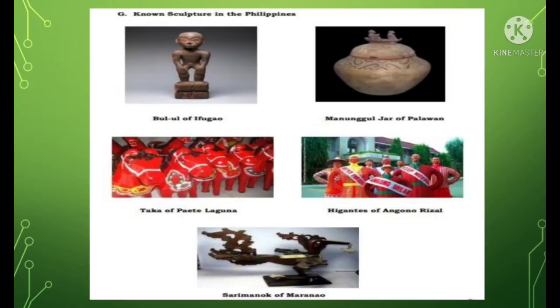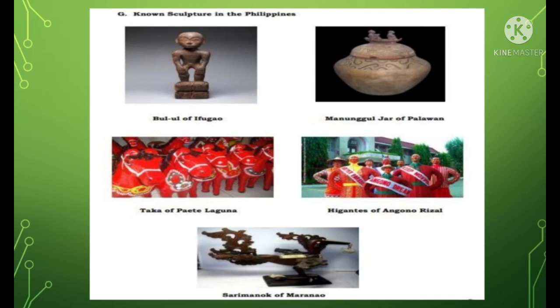So these are the examples of sculpture in the Philippines. Sa Bulul of Ifugao, ito yung sample na ginagawa nila. Manunggul Jar of Palawan. Meron din tayo dito sa Kalinga, yung mga bangan natin sa Pasil. Gumagawa din tayo sa Balbalan and other parts of Kalinga.